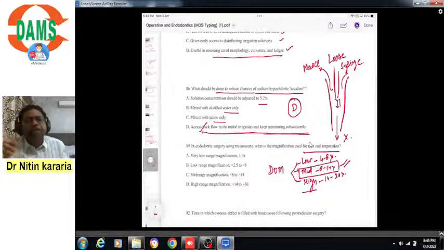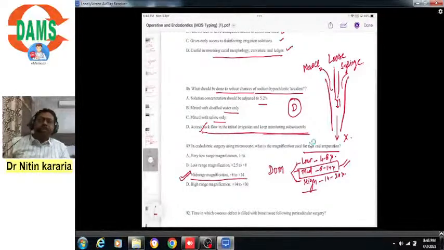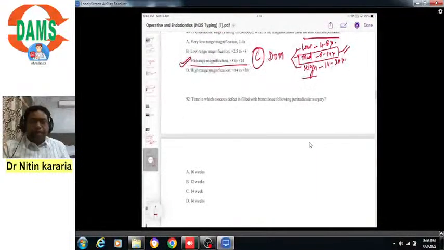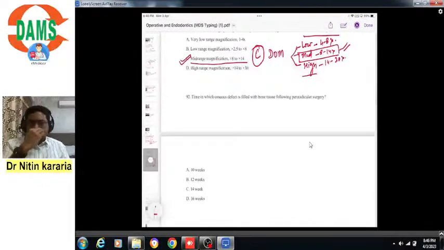So with that background, if we look at the options, very low range magnification, low range, medium range or high range, the answer would be option C. They are used in mid-range magnification of 8 to 14x. Okay, moving over to the next question.